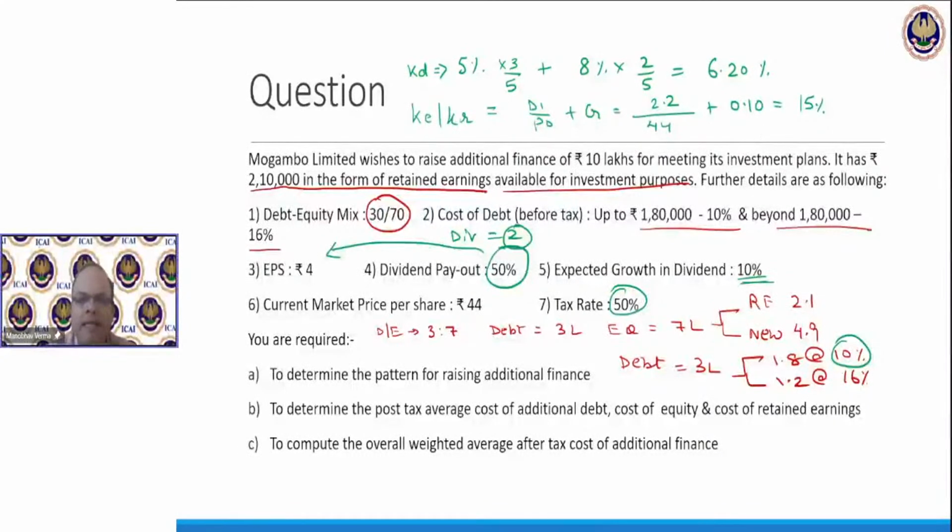So is everyone getting these answers right now? Cost of debt, cost of equity, 15%.